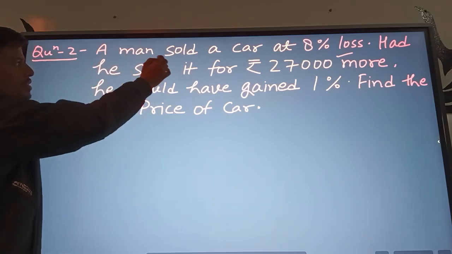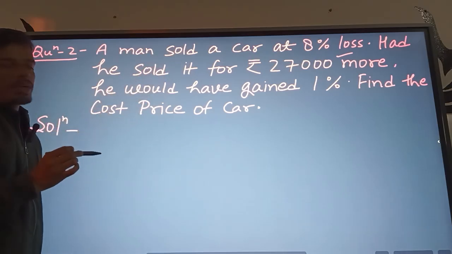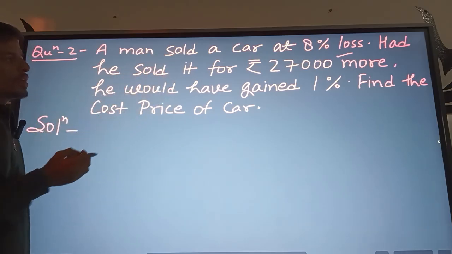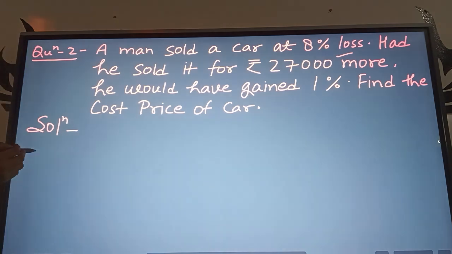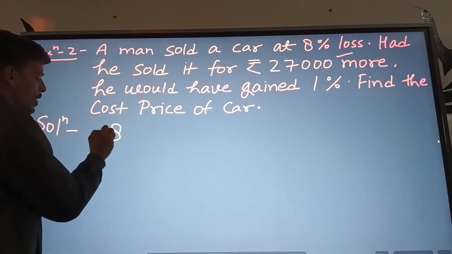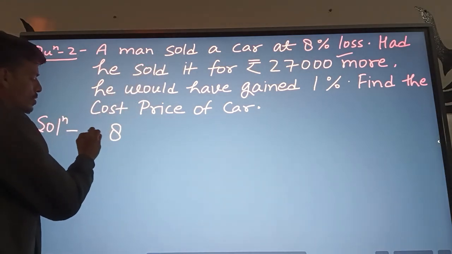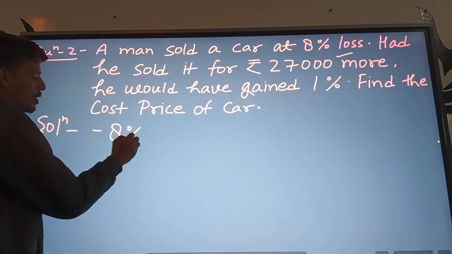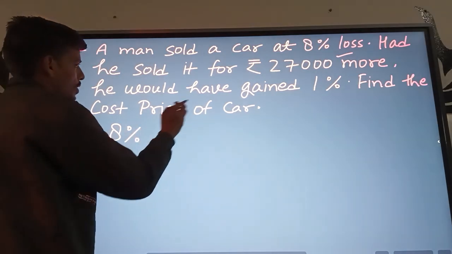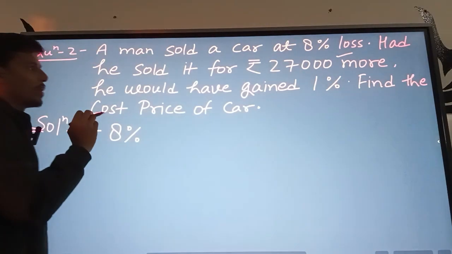A man sold a car at 8% loss. Second, had he sold it for rupees 27,000 more, he would have gained 1%. It means at first he has an 8% loss, a negative value, and now he would gain 1% profit, a value with a plus sign.